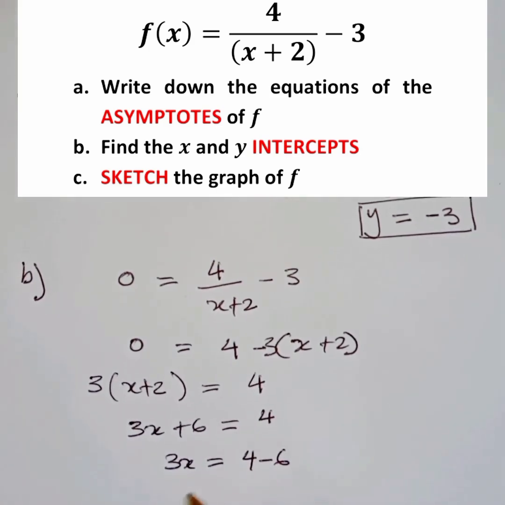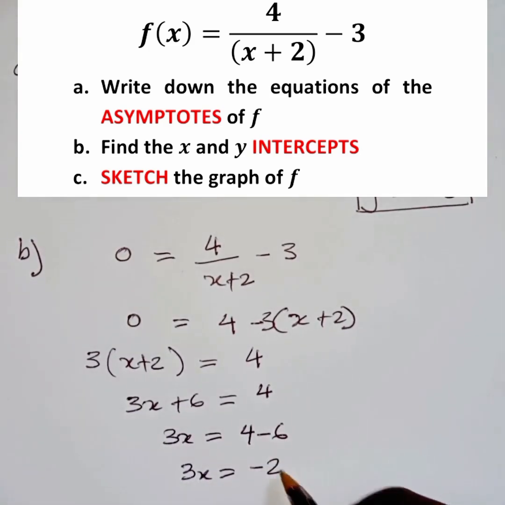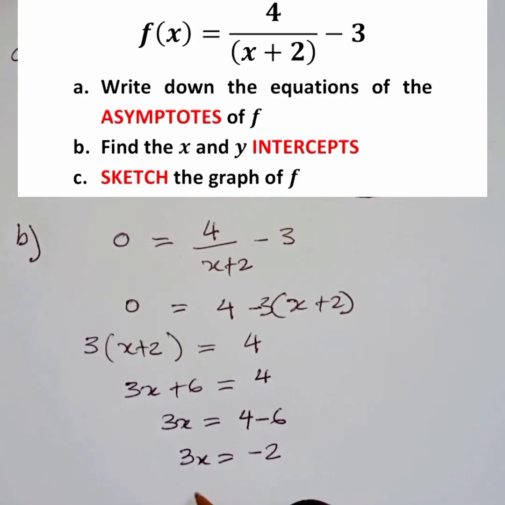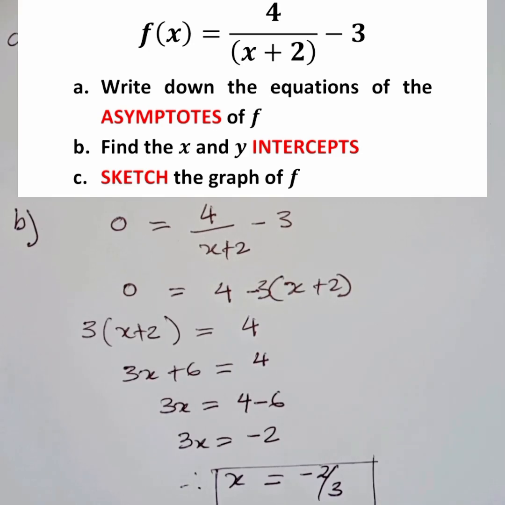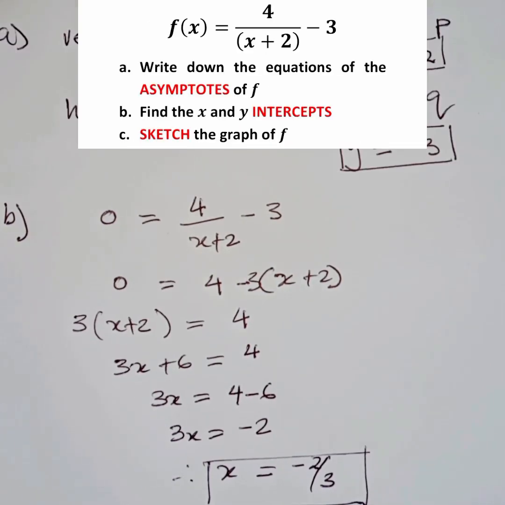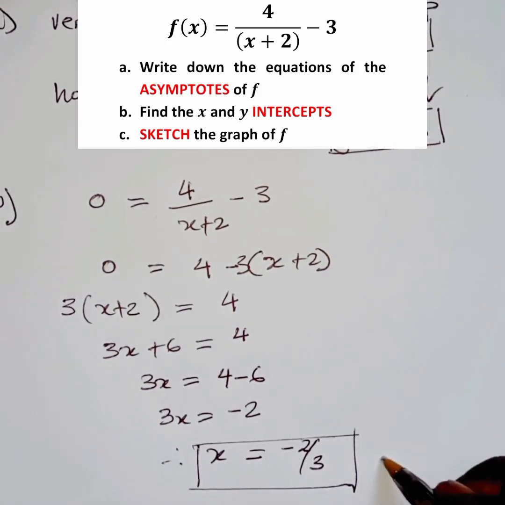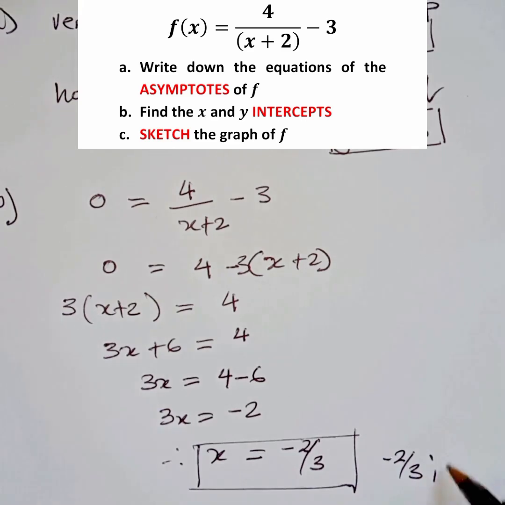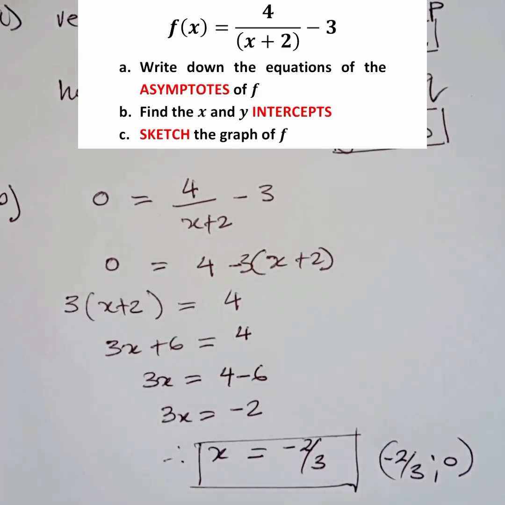And that means 3x = -2. Then we say, therefore, x = -2/3. So that's the x-intercept. Now, if you want to write that in point form, we can say the x-intercept is (-2/3, 0).